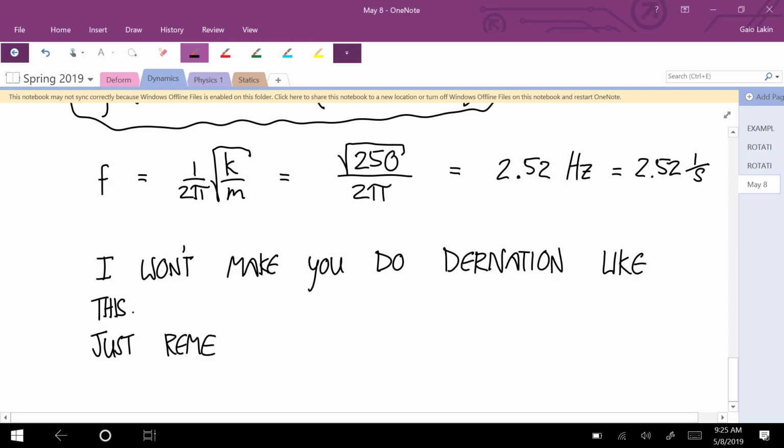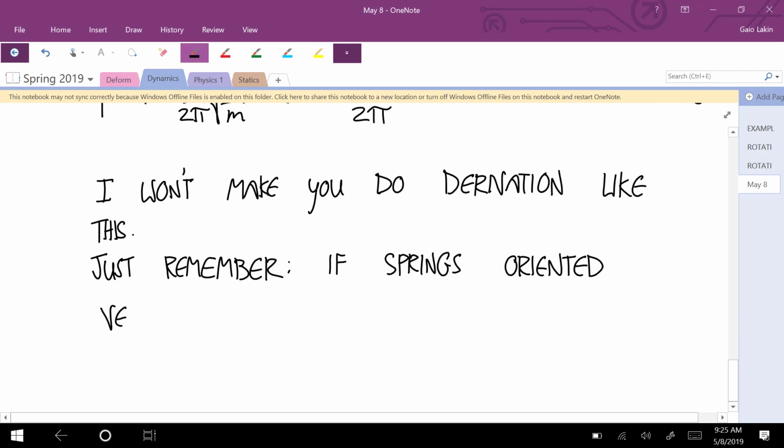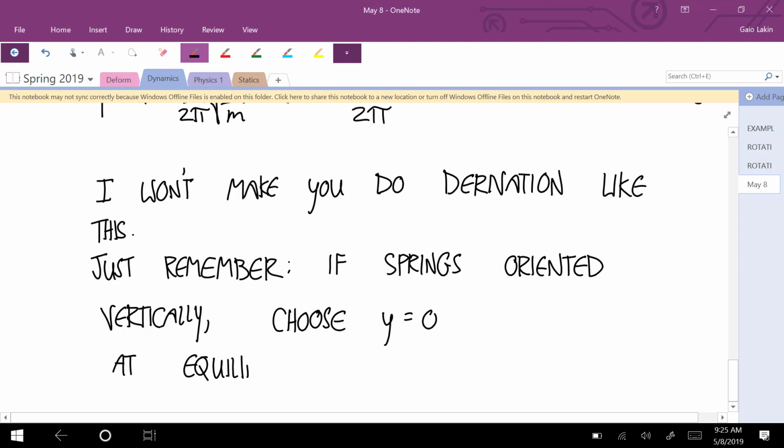So just remember, if the springs are oriented vertically, choose your y equals 0 location at the equilibrium position, that hanging equilibrium position, not at the spring's rest length.